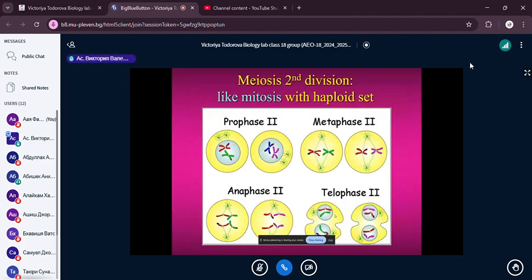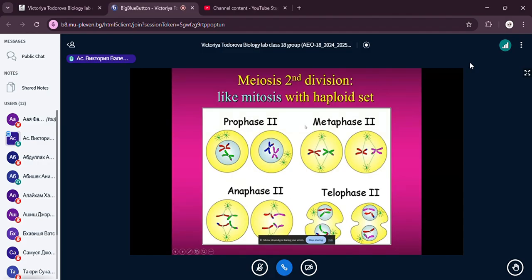And we continue with the second meiotic division. I write this like the second meiotic division is like mitosis, but here the accent is the result of this division.